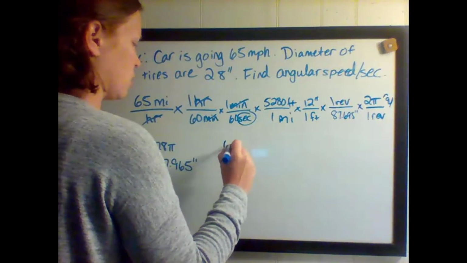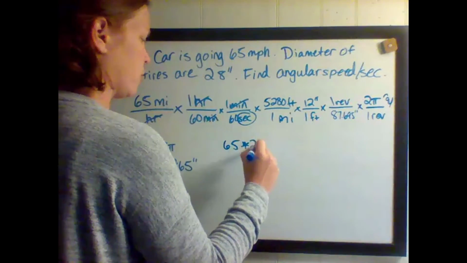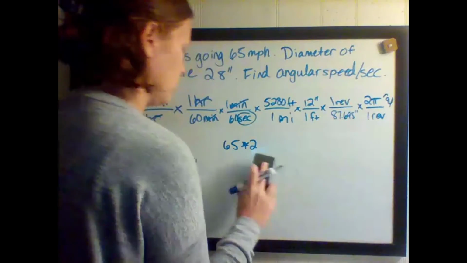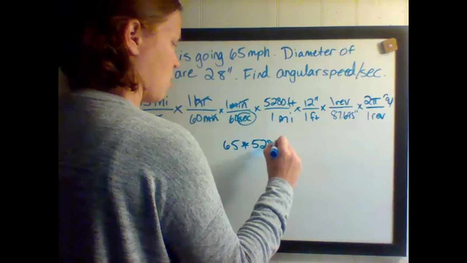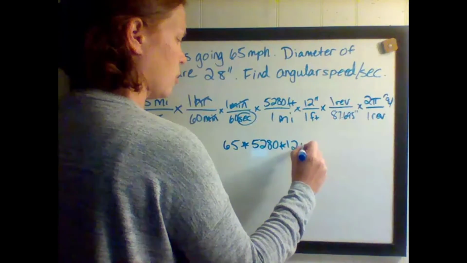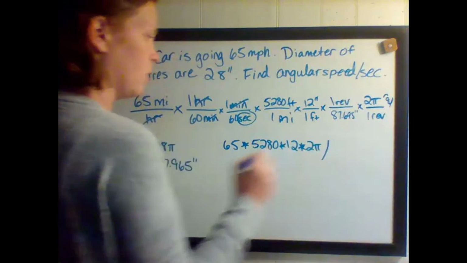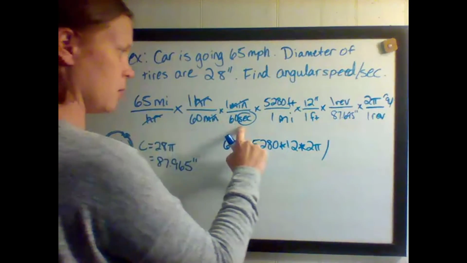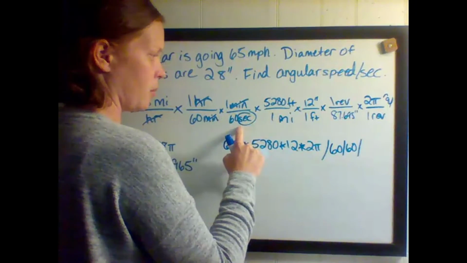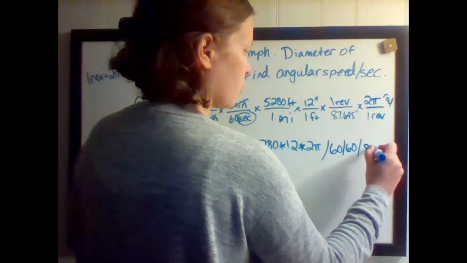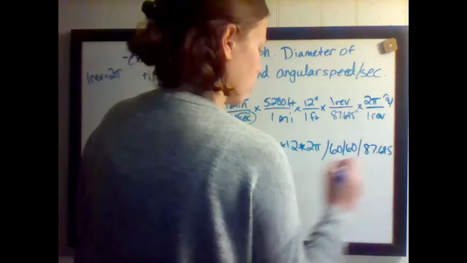So I'm going to do 65 times 5280 times 12 times 2 pi divided by 60, divided by 60, divided by 87.965.